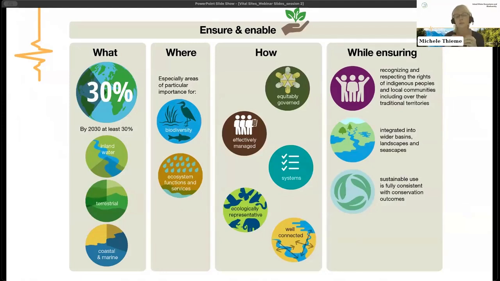One of those actions we know is creating and managing protected and conserved areas for inland waters. The good news is that the Kunming-Montreal Global Biodiversity Framework of the Convention on Biological Diversity now explicitly includes a target of 30% of protection or coverage for inland waters.